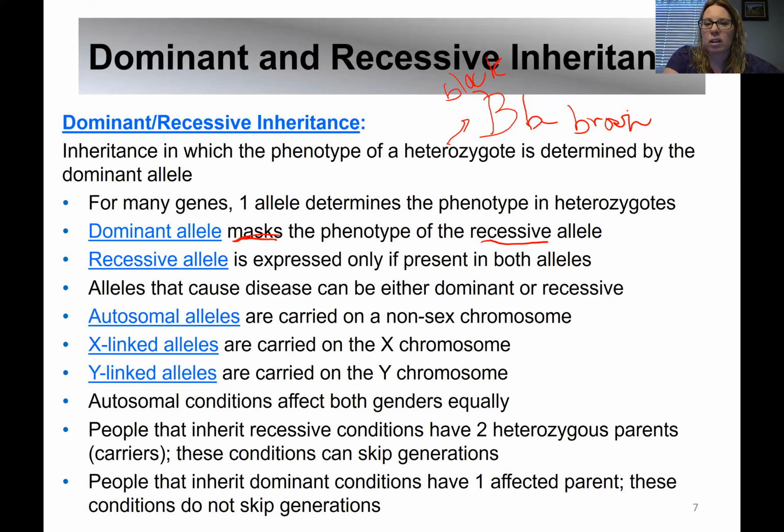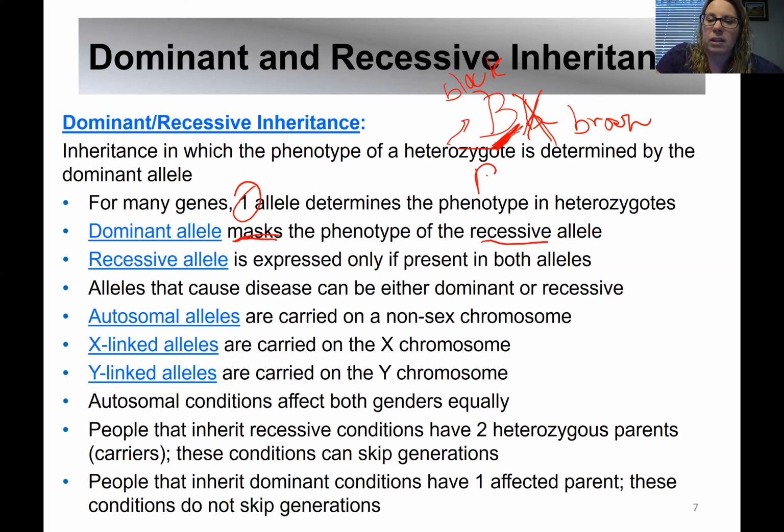Black hair color is dominant. So anytime there's a black allele, it's going to mask the little b. It's going to mask brown. So if there's ever a dominant allele, it's going to overshadow this, and that dog is going to appear black. It's going to have a black phenotype. Okay, you only need one allele.